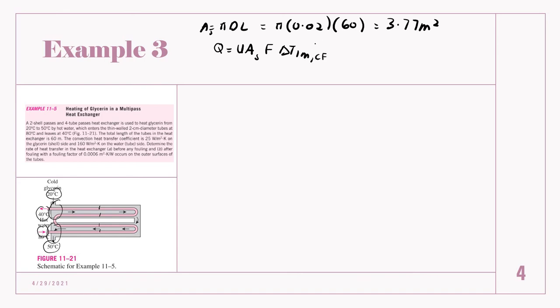As I said in the previous video, if we have a type of heat exchanger other than parallel flow or counter flow, we need to multiply this equation by the correction factor. But please remember, you need to use the log mean temperature for the counter flow.